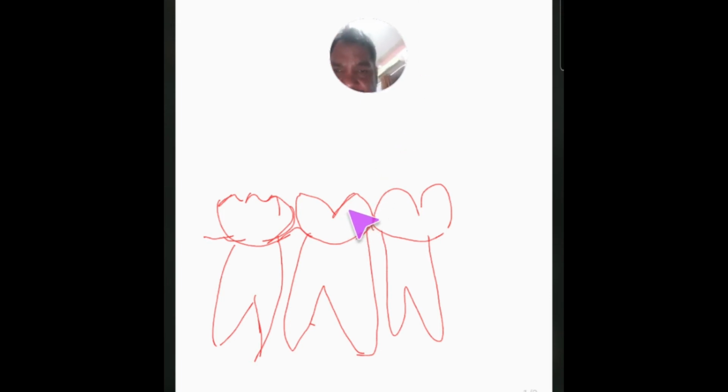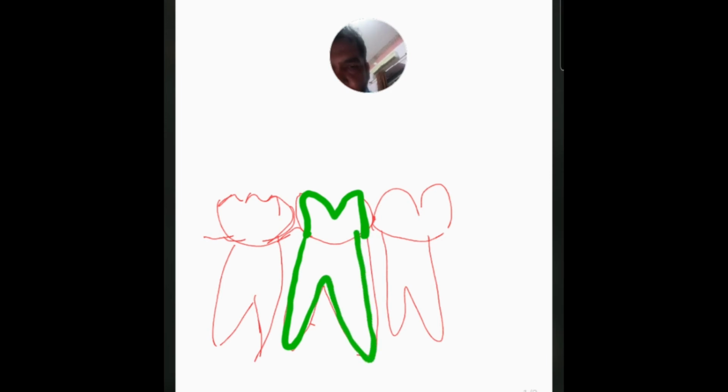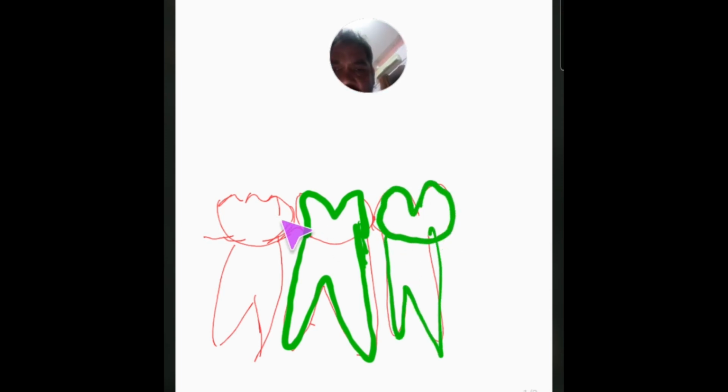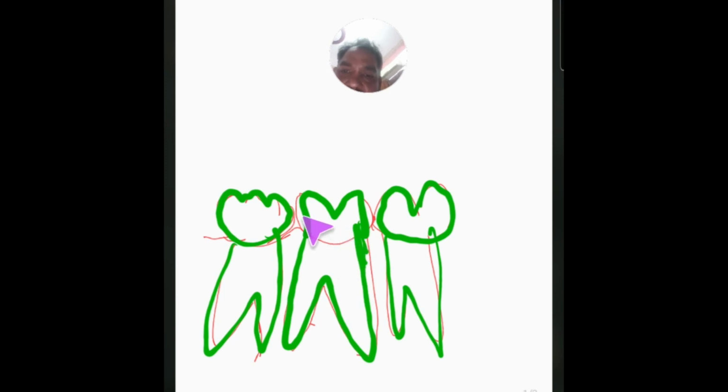This tooth will now appear like this. This third molar is not in contact with the second molar, and this second molar is not in contact with the first molar.